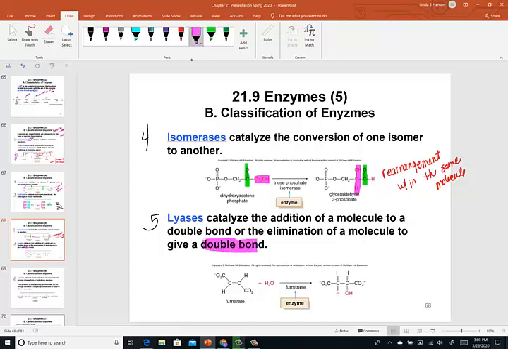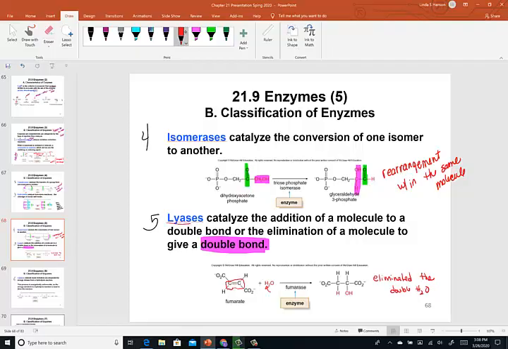If you're noticing the addition or an elimination of a double bond, think lyase. So notice right here we have a double bond in the structure. Adding water across of it eliminated a double bond. When you eliminate a double bond, it's known as a lyase.